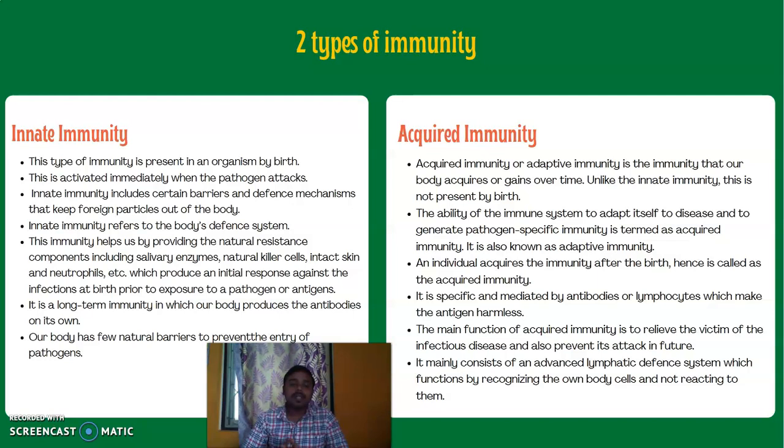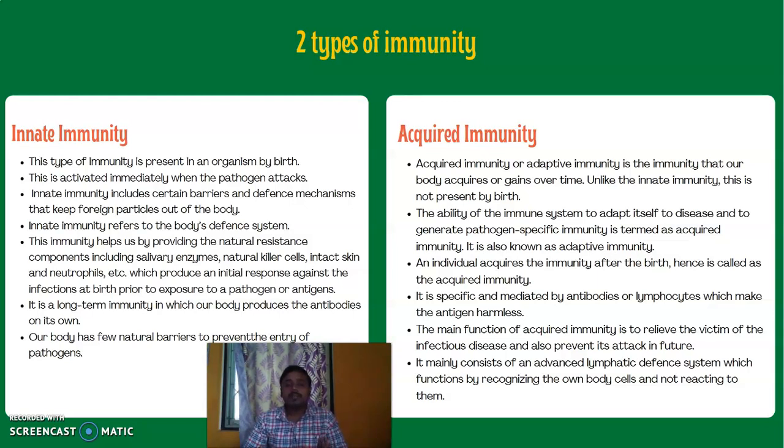So basically, if we compare innate immunity and acquired immunity, innate immunity is the faster line of defense and acquired immunity will take some time to perform its action. Innate immunity doesn't have any specificity, whereas acquired immunity has specificity towards the pathogens. And innate immunity doesn't have any immunological memory.